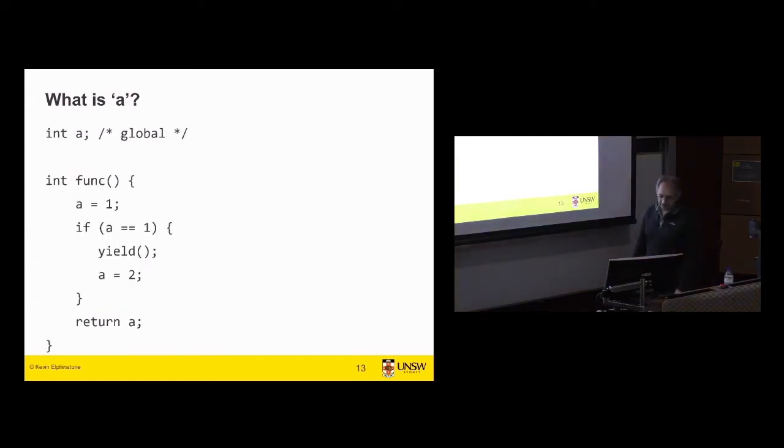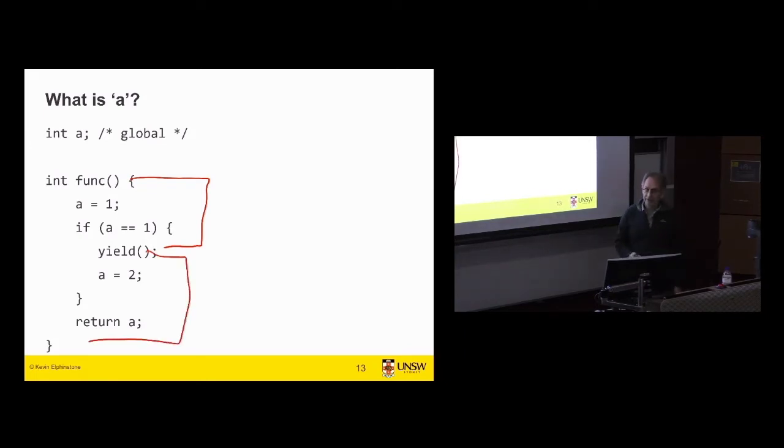Let's change it slightly. What's the value of A now? 2. Yes, everyone gets it really quickly. And that's because we can assume in the coroutine model that there's no concurrent activity before the yield and no concurrent activity after the yield.